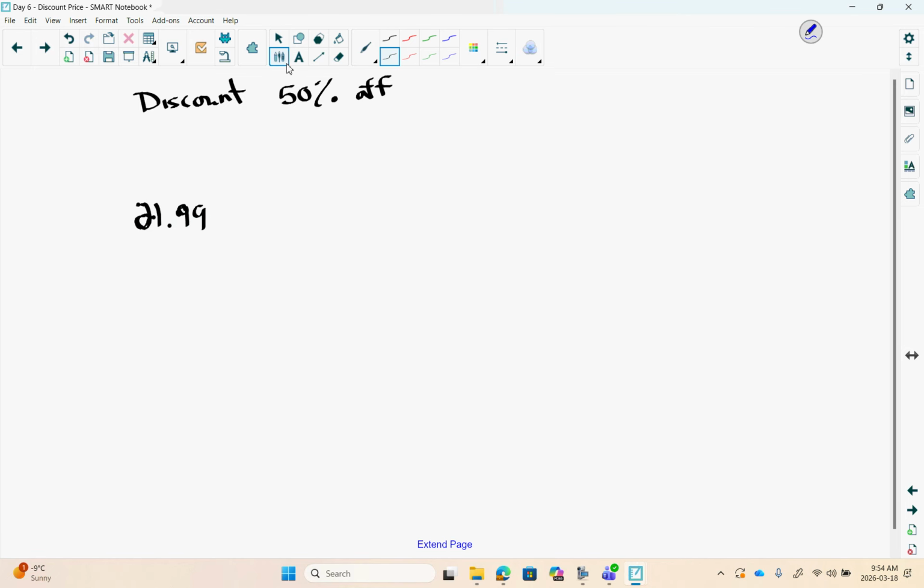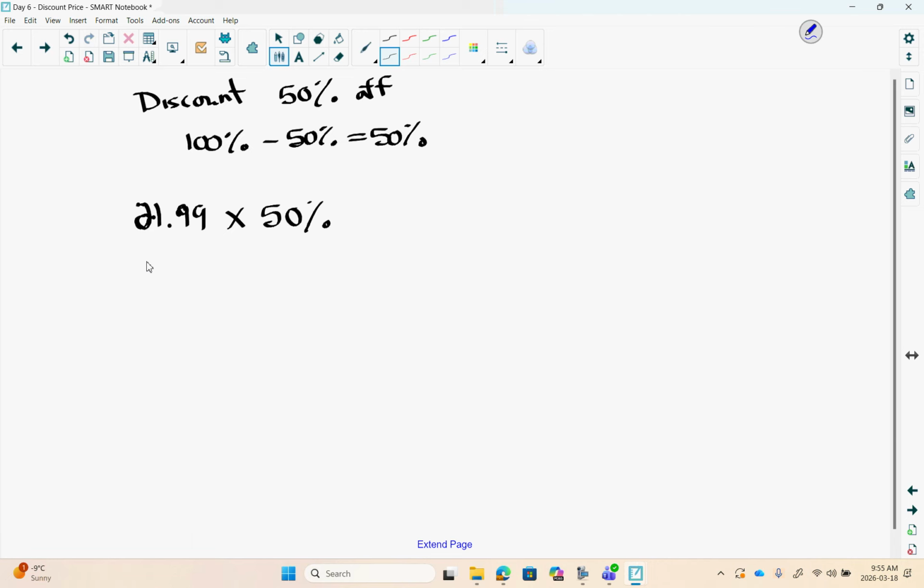Does a discount increase the price or decrease the price? Decreases. So I'm going to go 100%. Should I add 50% or subtract 50%? If you're telling me it decreases, what makes more sense? Add or subtract? Subtract 50%. What's that give you? It also gives you 50%. So I need to multiply this by 50%.